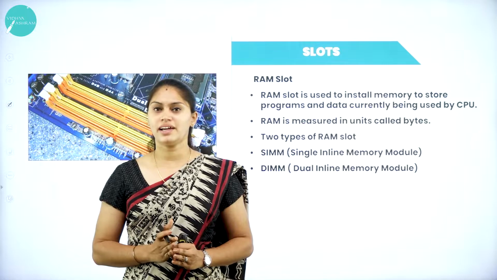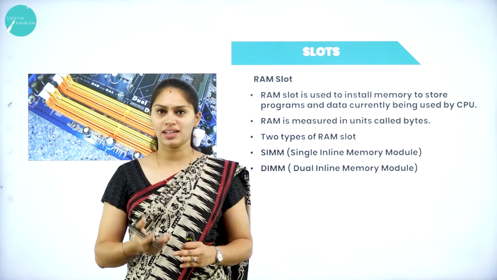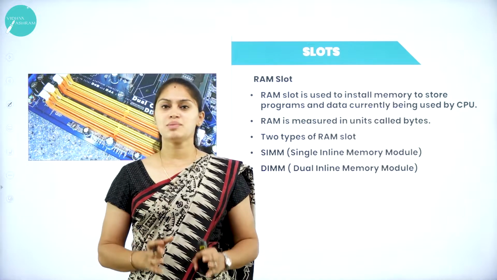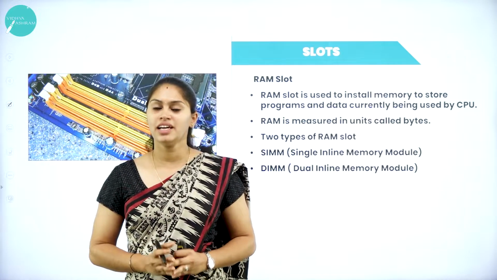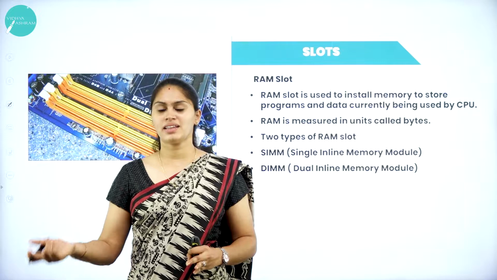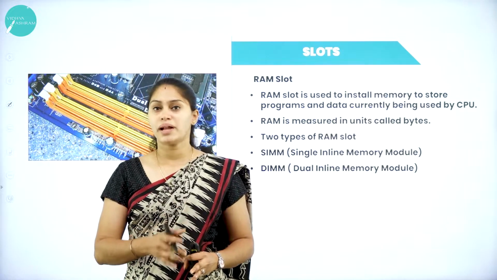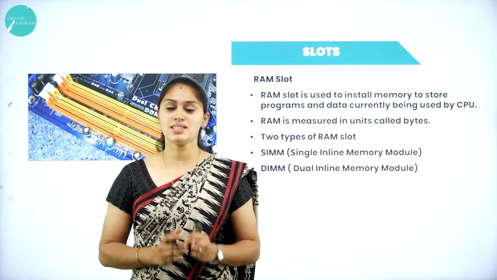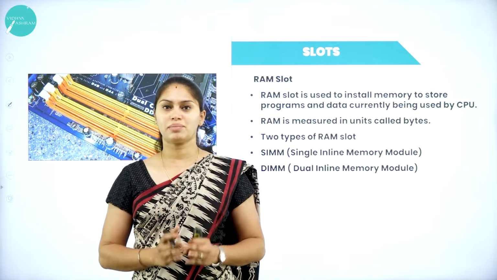As I told earlier, if you want to execute any data or instruction, that must be in the primary memory, right? If it is in the secondary memory, then it must be brought back to the primary memory. Only then can the CPU access the data and instructions which reside in the primary memory.